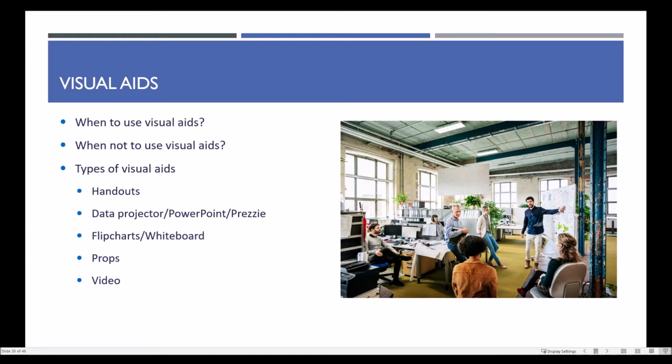Sometimes it can be about touching stuff. Sometimes it can be about listening to information in a different way. Other times, where you're having a discussion and a reflection, it might not be appropriate to use visual aids, where you just want to sit down and focus on each other to talk about it.